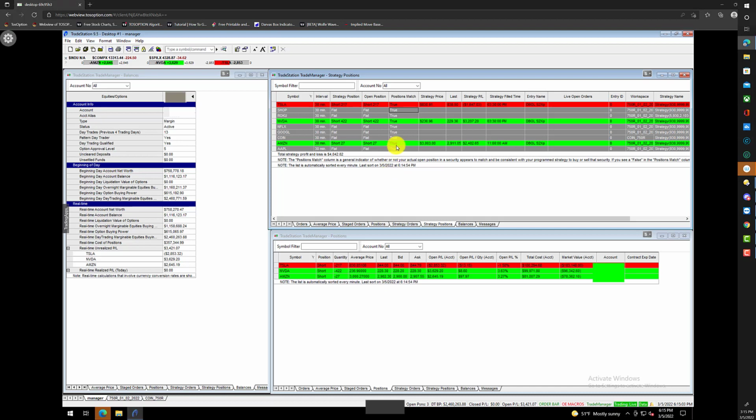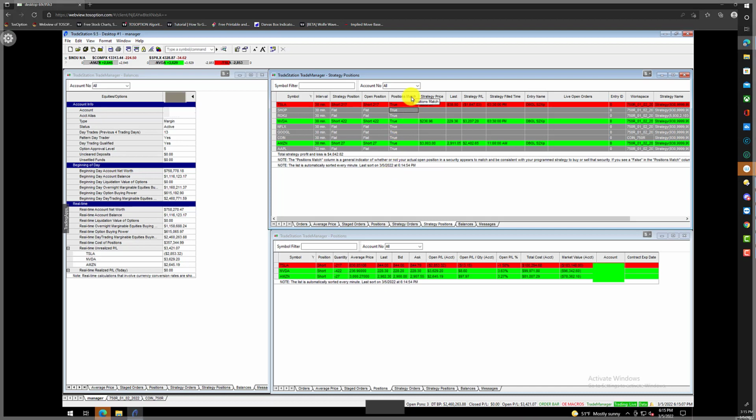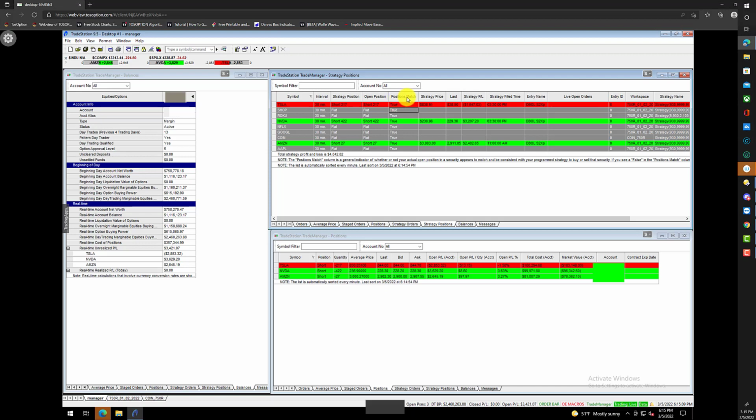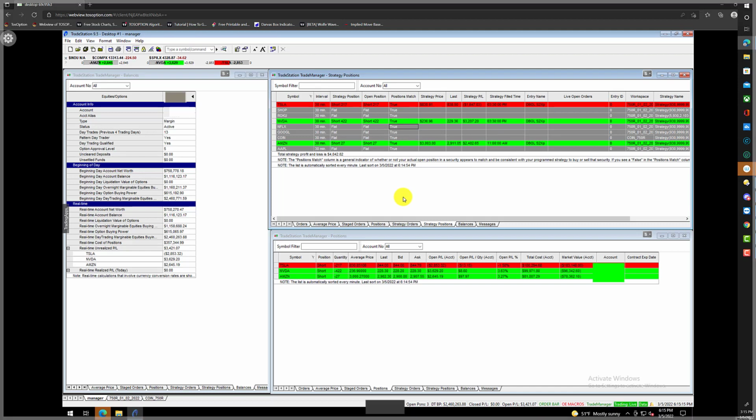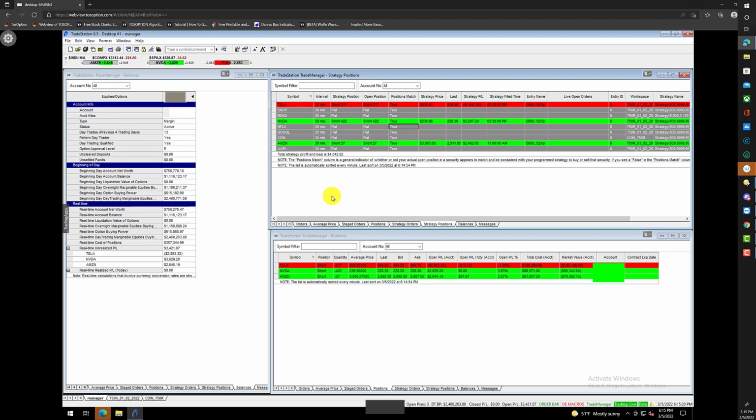But when you log into your account, or you're viewing it from WebView, you want to make sure that the algorithms are in sync with your TradeStation account. One way to do that is in this window called strategy positions.